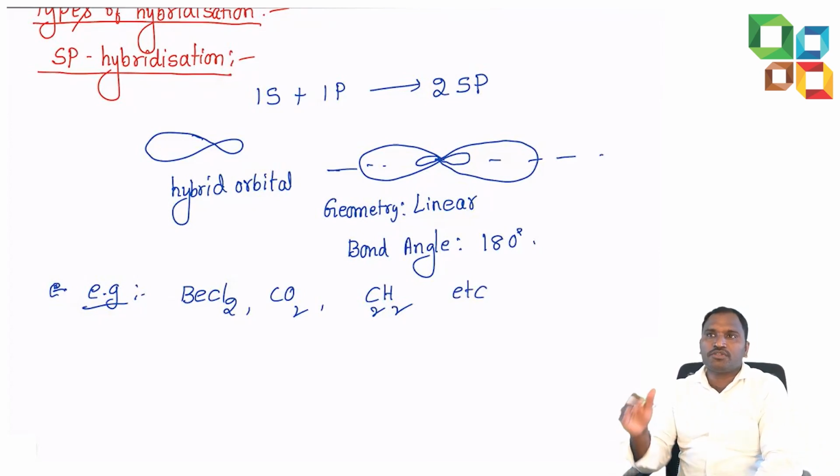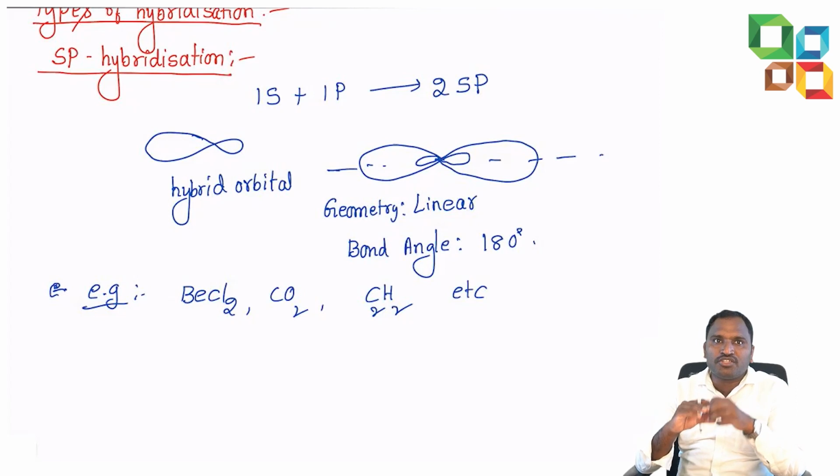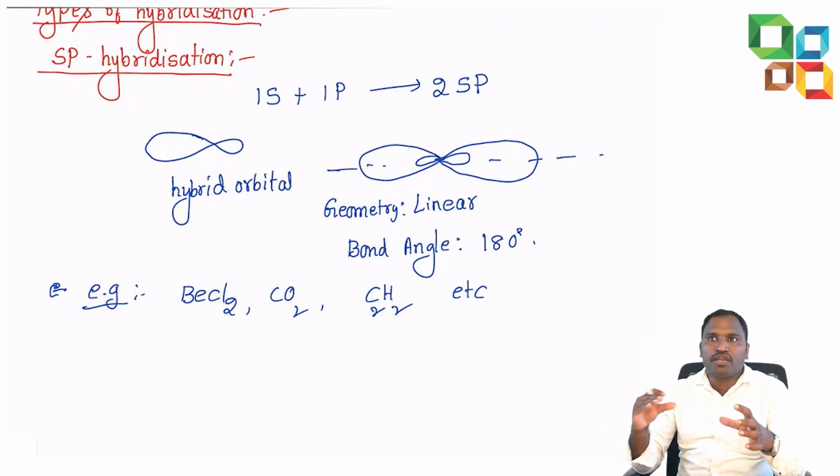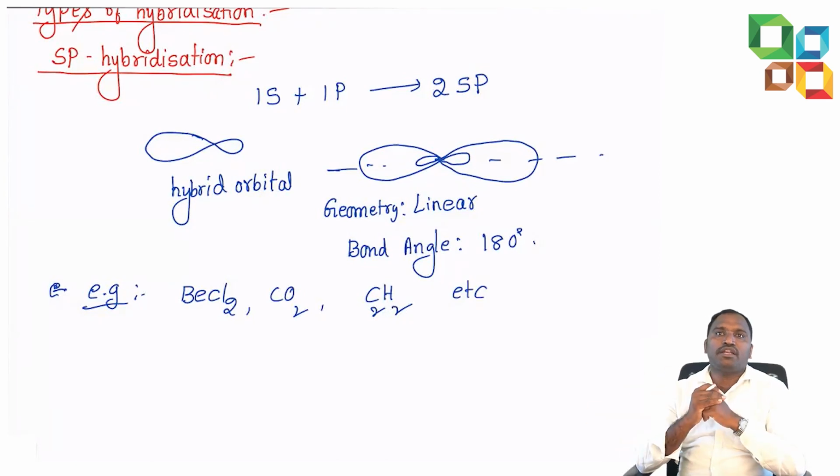Students, in sp hybridization, one s orbital and one p orbital are involved. The s orbital shape is spherical, the p orbital shape is dumbbell. But after hybridization, the s orbital loses its shape, the p orbital loses its shape, and they convert to one identical shape.